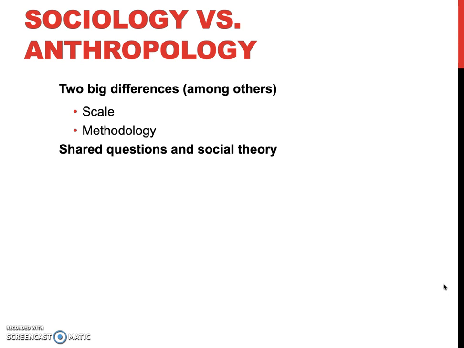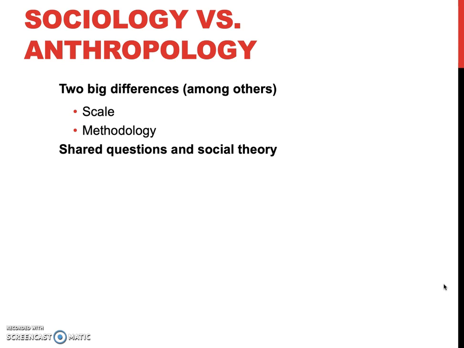Again, they're coming together a little more in a lot of ways today. There are now a lot of anthropologists who try to study America or China, but they might do it by positioning themselves within a particular small group or setting where groups of people come together. And sociologists are more and more using ethnography and participant observation as one of their methods.